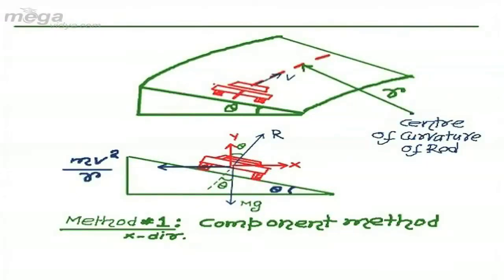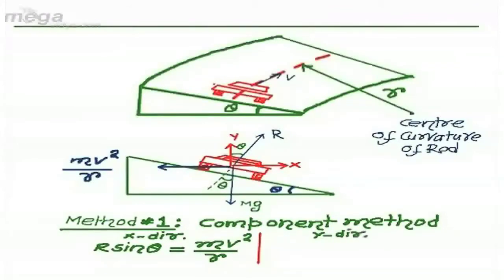So along the x direction I may write R sine theta is equal to mv square upon r. And along the y direction, R cos theta, the component of normal reaction R, is compensated by mg. For safe turning, the net force on this car must be 0.